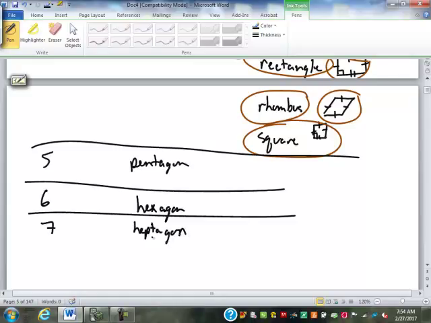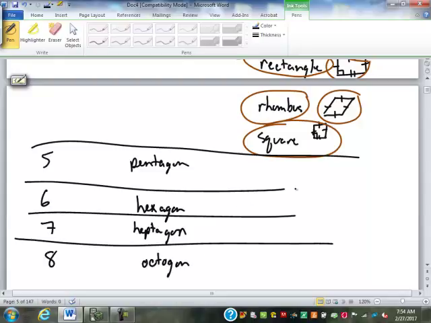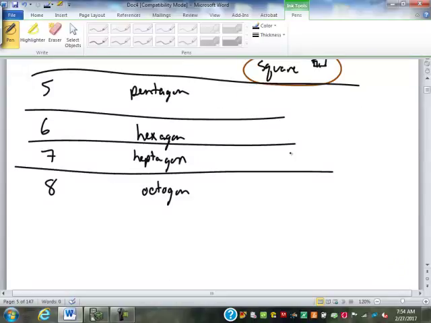Heptagon. 8-sided is octagon. From there, 9-sided is nonagon. 10 is decagon. 11 is undeca. 12 is dodeca. We're not writing those down because above octagon they don't occur that much. So it's something you need to memorize.